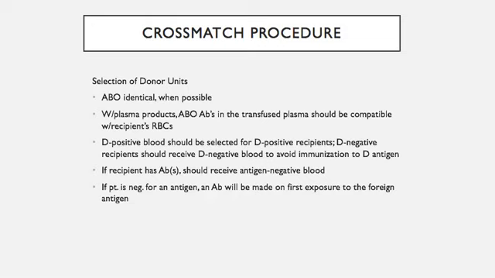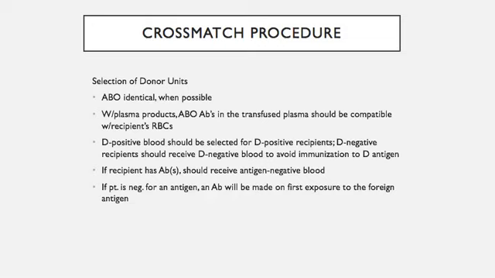D positive blood should be selected for D positive recipients. D negative recipients should receive only D negative blood in order to avoid immunization to that D antigen, because remember, if we're exposing a patient to an antigen that they do not have, they're going to start to build antibodies.